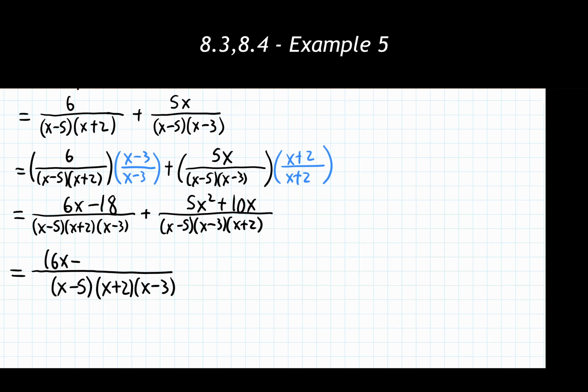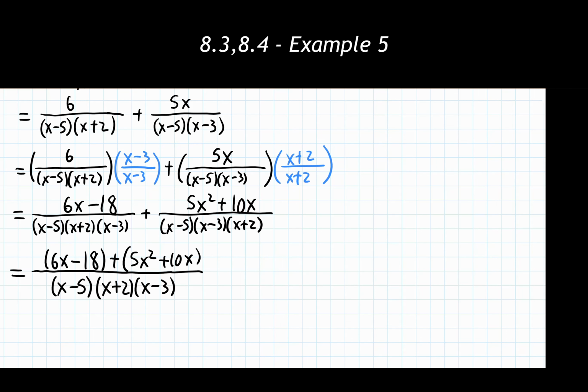There we go. And there we have everything written together as one single one. Now it's all correct. Just went back and double checked my work there.